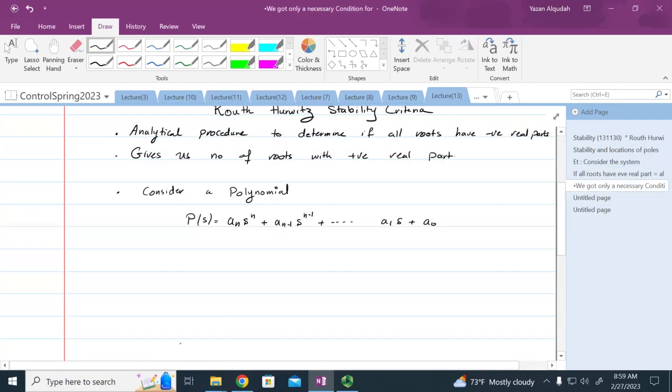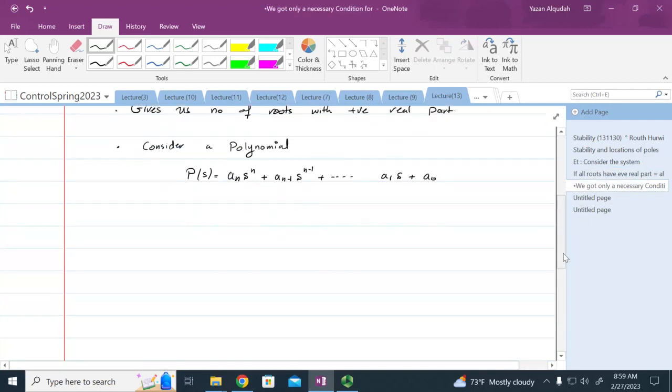Okay, so let's see how this tool works. So the first step, we're going to form the Routh-Hurwitz array.